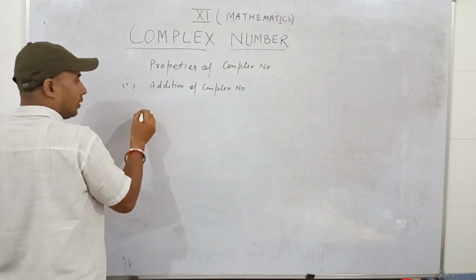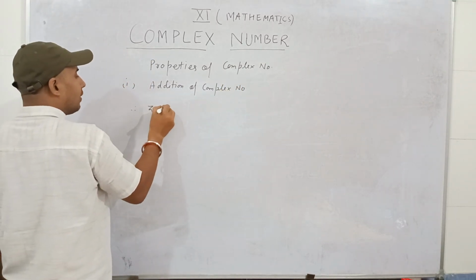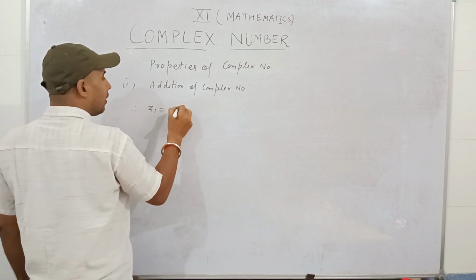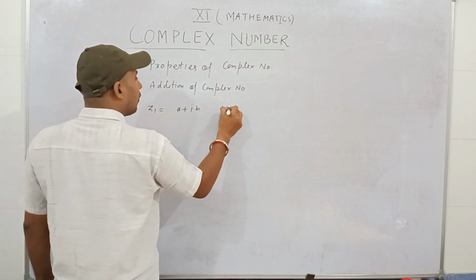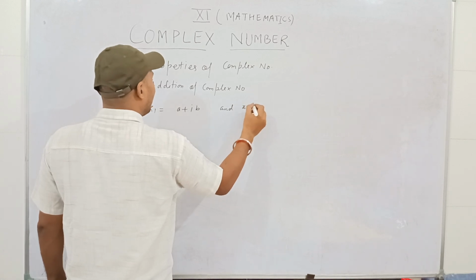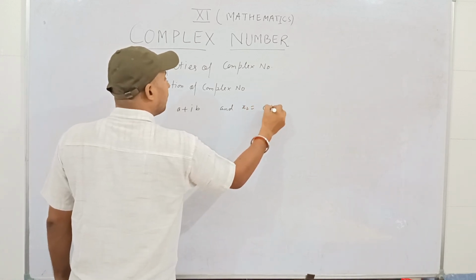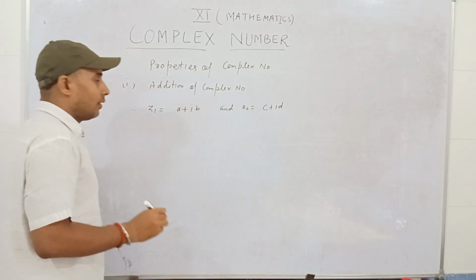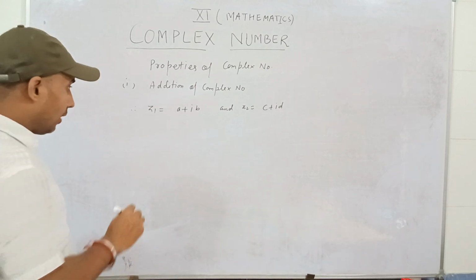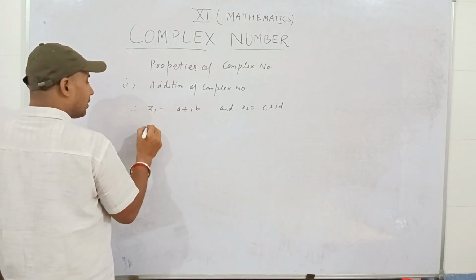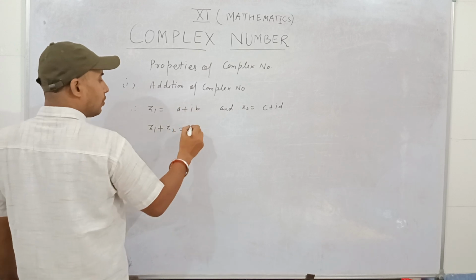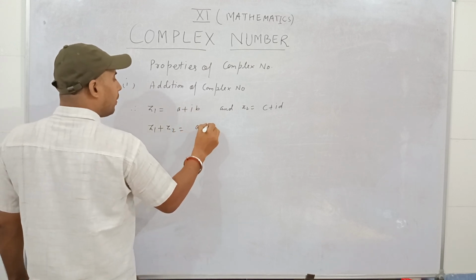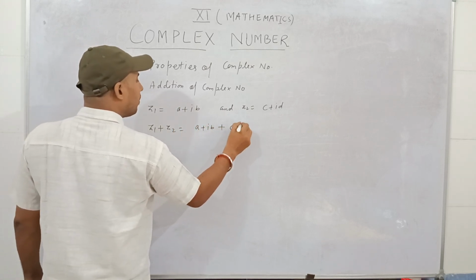Suppose that Z1 is any complex number a plus ib and Z2 is another complex number c plus id. Therefore, addition of complex numbers is denoted by Z1 plus Z2 equals a plus ib plus c plus id.